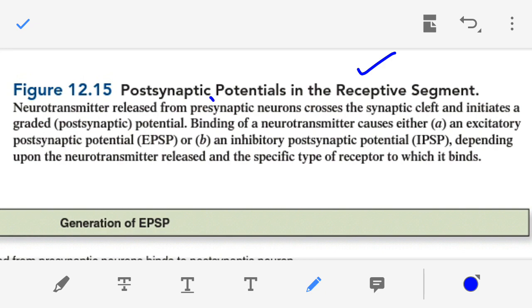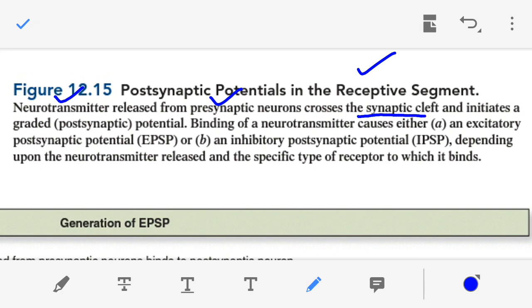Now, the presynaptic neuron, we know, releases the neurotransmitter. In our previous lecture, we learned that the synaptic vesicles burst by exocytosis and the neurotransmitter acetylcholine is released. So where are these neurotransmitters going?